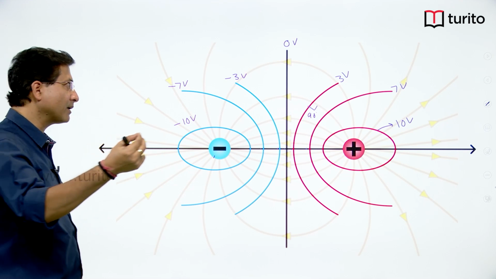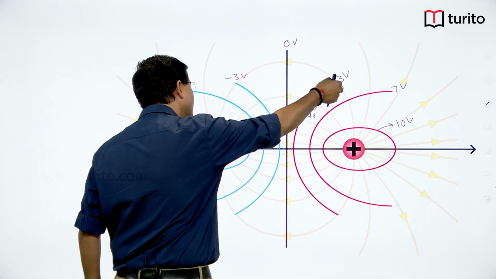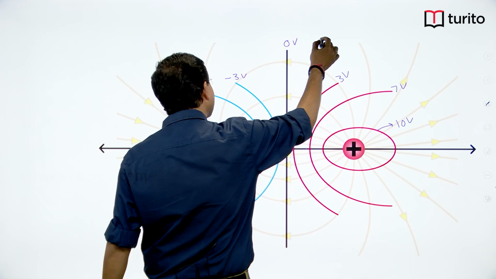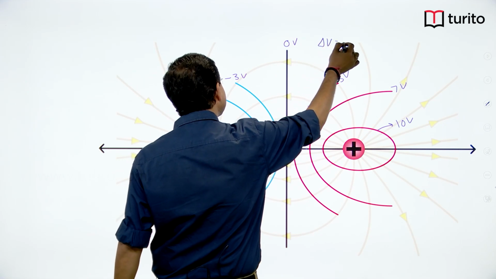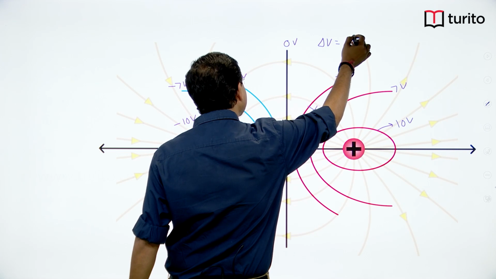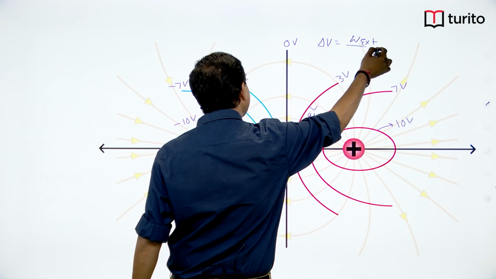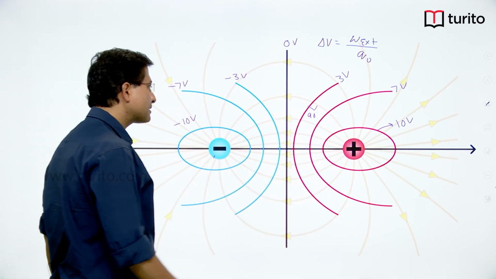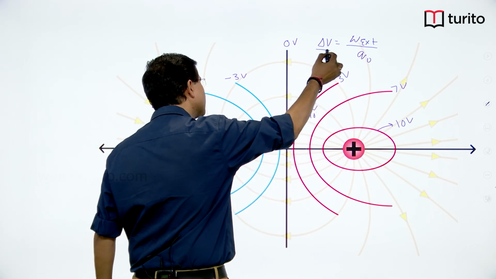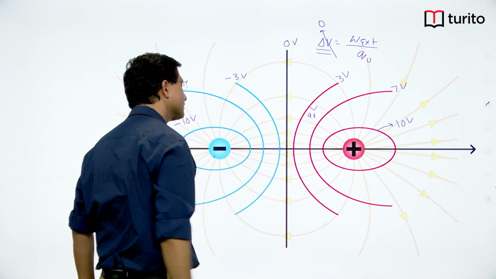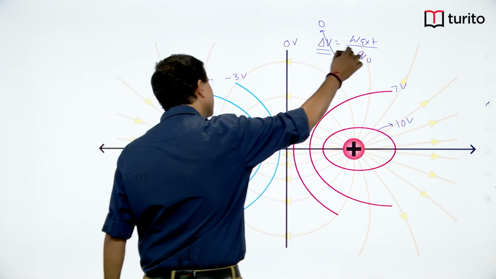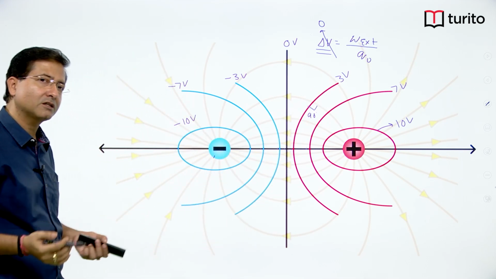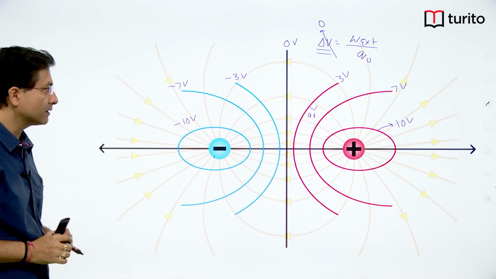If I take another very small charged particle, and I move that charged particle along this line, as delta V is equal to work done by external agent divided by Q naught, using this basic definition, as I move along the line, potential is not changing. As this quantity is not changing, the work done by the external agent to move a charged particle along an equipotential line or along an equipotential surface will be 0, right.